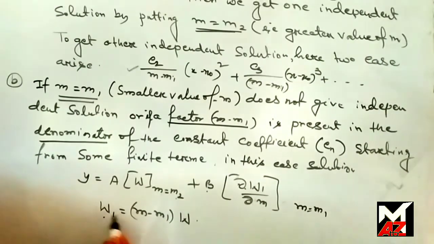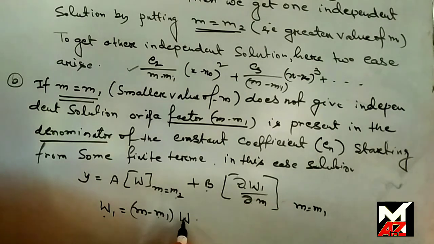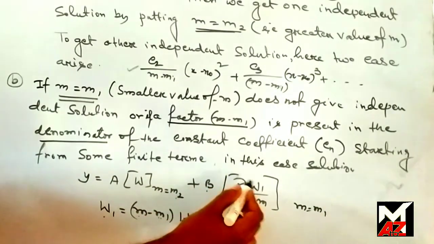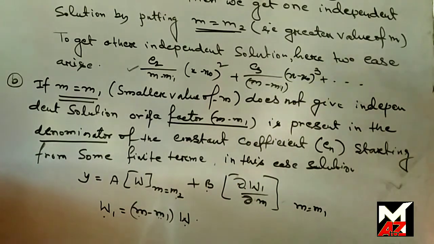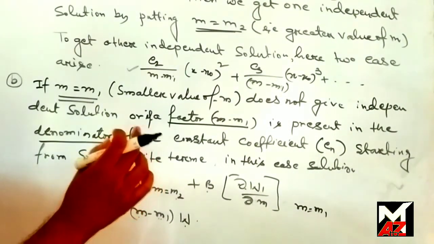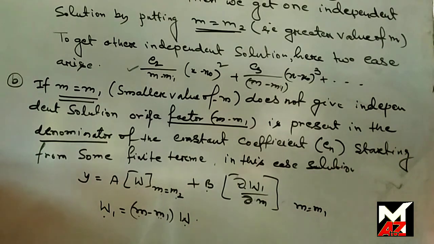W1 is nothing but (m minus m1) into w. We first multiply (m minus m1) with w, then we partially differentiate with respect to m, and then we get the second term. This is case B to get the general solution of the differential equation.